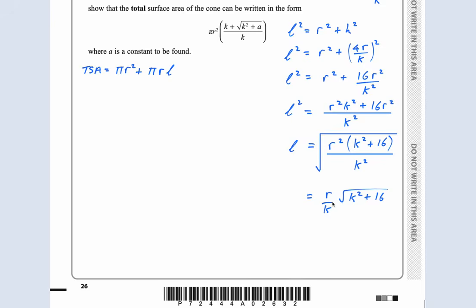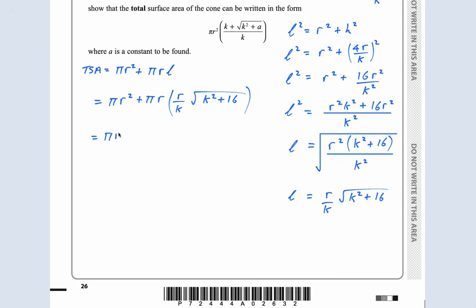Okay, so this now goes in instead of L, like this. So the total surface area is pi r squared plus pi r L, and L is, let's put a bracket, r over k times the square root of k squared plus 16. And this is turning into this, guys.